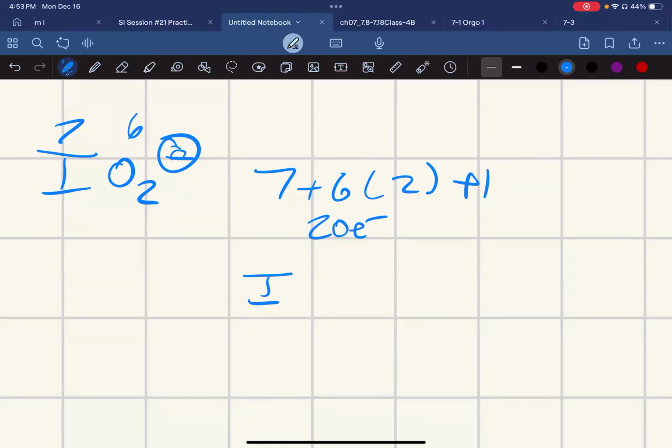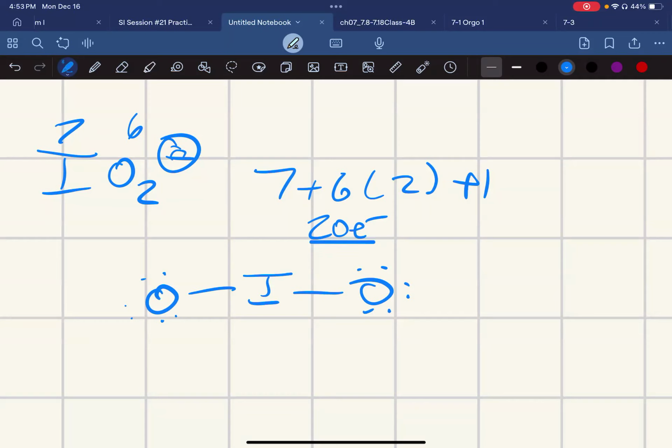All right. So there's an oxygen, there's an oxygen. Let's try to see what we can do with this. 1, 2, 3, 4, 5, 6. Okay, so there would be 8, there's 16 total, right? There are 20 total electrons.